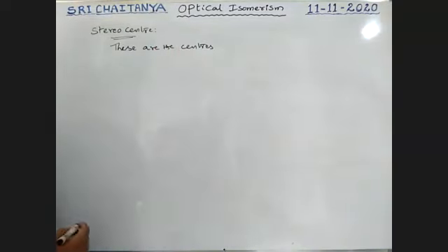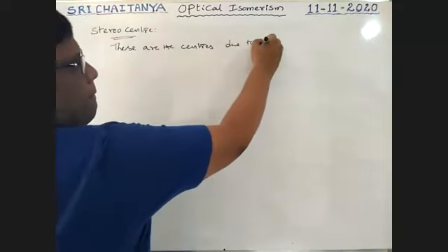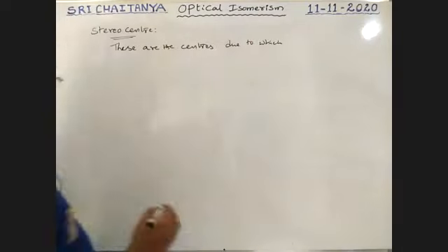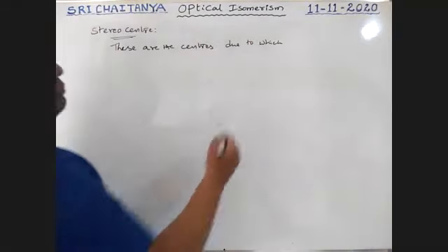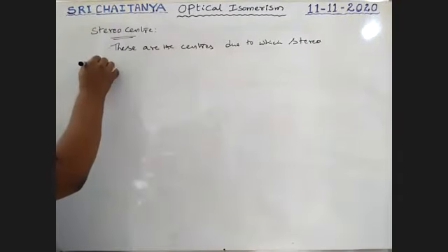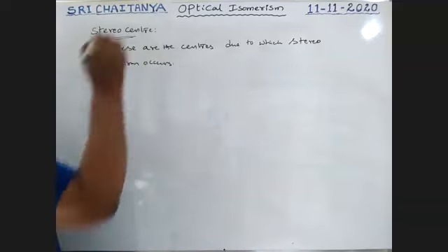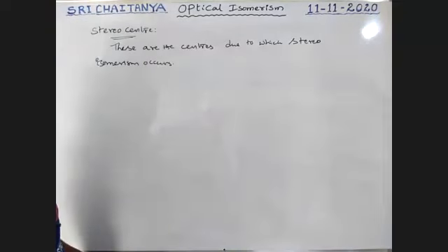These are the centers due to which stereoisomerism occurs, boys. Okay.